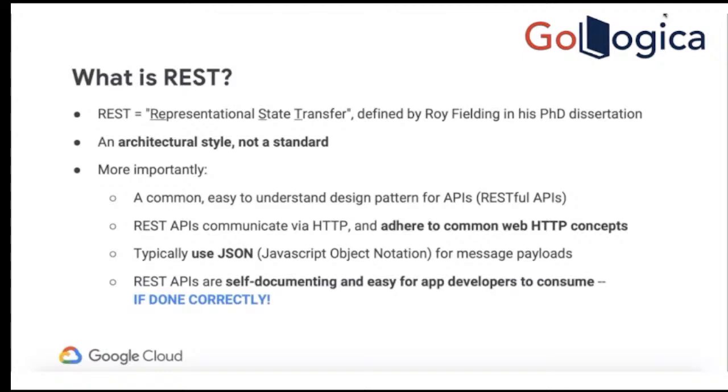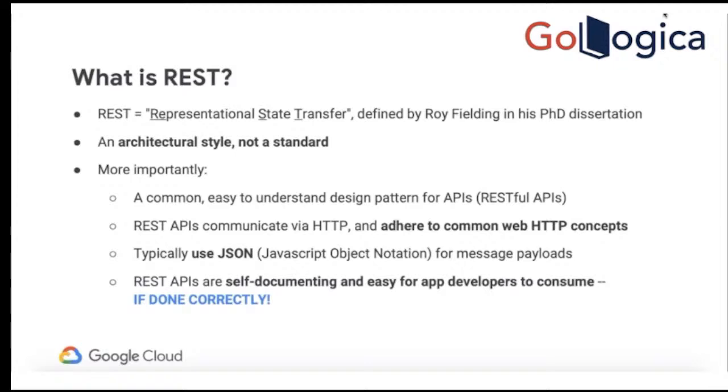What will be the URL for that particular resource? What will be the pattern of the URL? What will be the HTTP method to make a call? And how you do authentication, authorization, security, and all those things. You are only using plain HTTP protocol to define all of this.